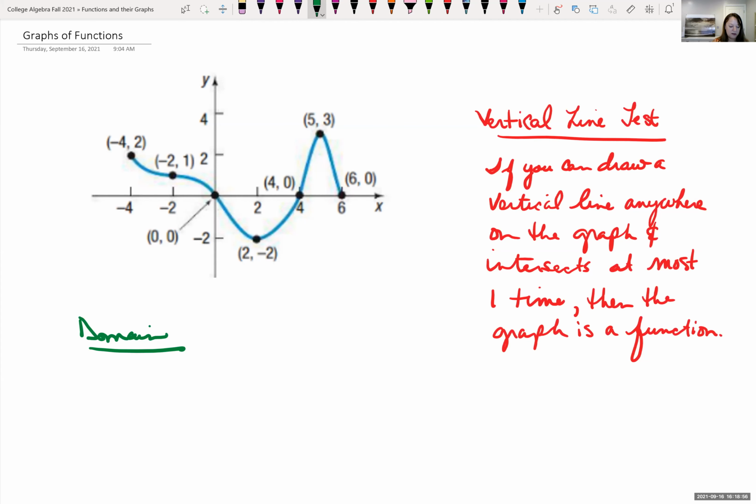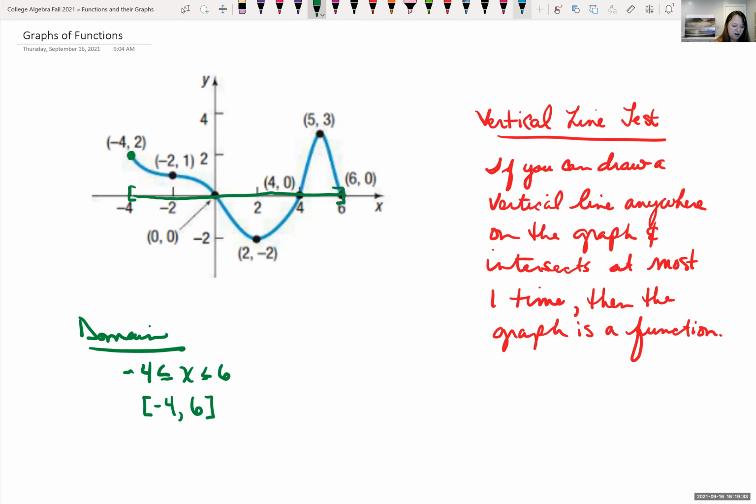And so the smallest x value that I'm hitting is -4. It's included because this is a solid point, so -4 is less than or equal to x, and it's hitting all the x values from -4 until we get to the x value of 6. Another way to write this in interval notation would be bracket -4, 6 bracket.